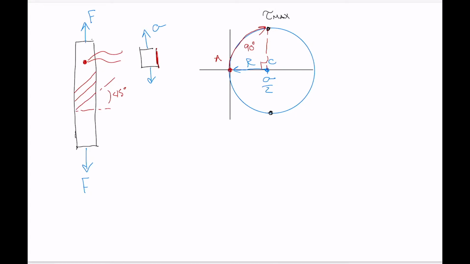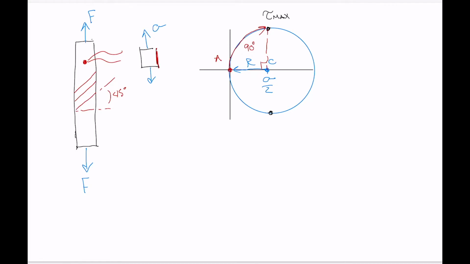Okay, so what we can do is figure out what tau max was at the point when we reached the yield stress on the stress strain diagram.